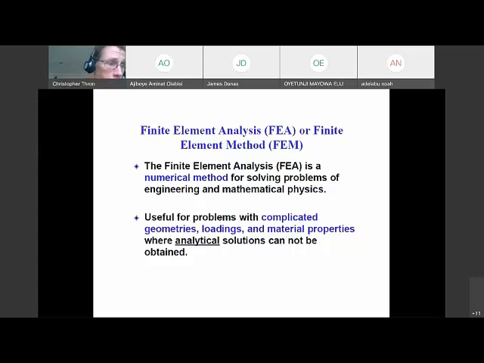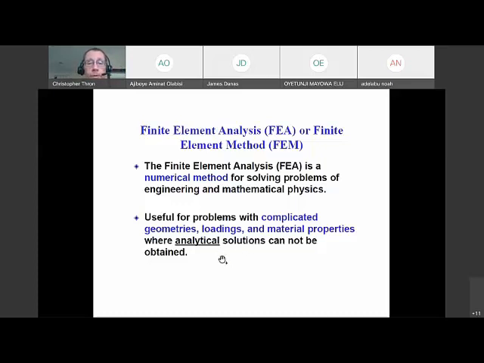It's also used a great deal in electromagnetics when you want to solve for fields. It's also used in petroleum engineering when you're trying to find the petrol under the ground and the shape of the cavity that contains it.